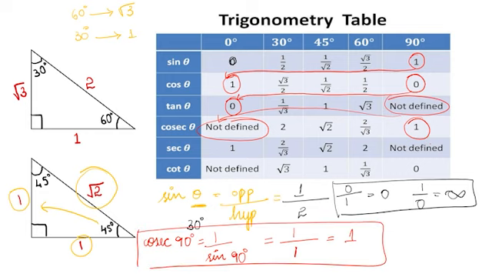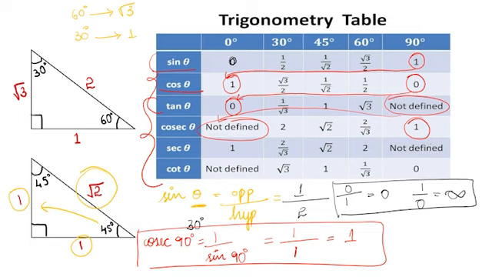Now again, in this trigonometry table, if you know sine, cos and tan properly and perfectly, not even tan, only sine and cos, then the others will be the same. The reciprocal of sine and cos is cosec and sec, and of tan is cot.